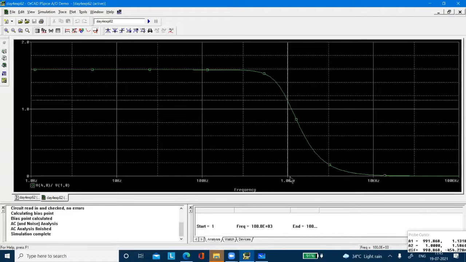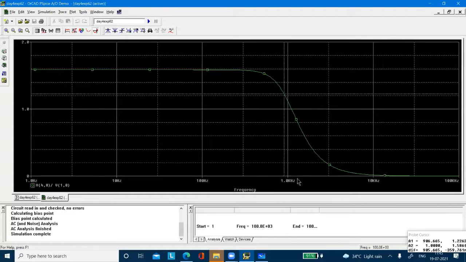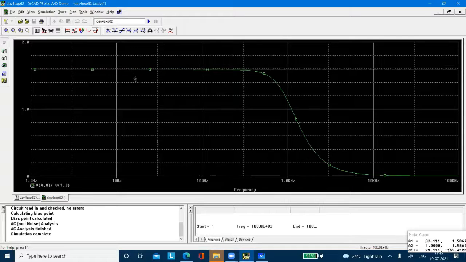You can match. This is 1 kilohertz, the cutoff frequency. The passband gain is 1.586. On the axis, this is 1, 1.2, 1.4, 1.6, 1.8, 2.